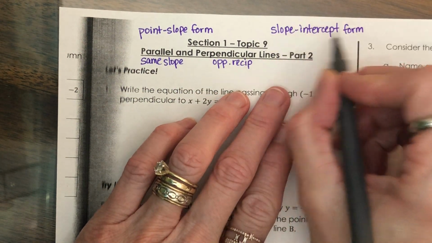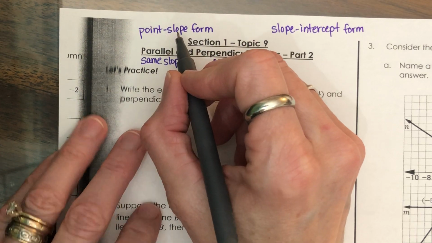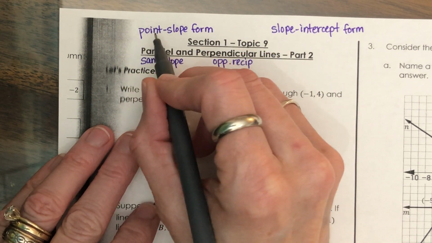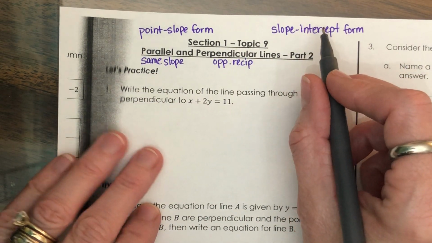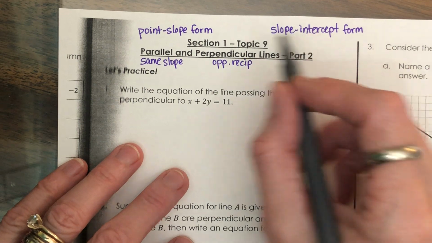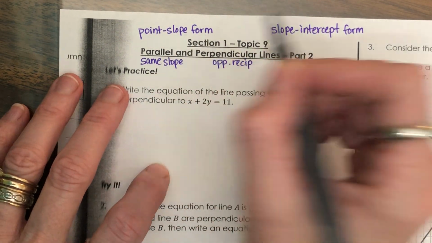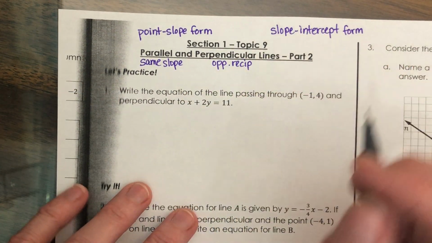Slope-intercept form uses slope and the y-intercept, and point slope form uses the slope and one point on the line, any point on the line. This one specifies that the point on the line is going to be the y-intercept. So point slope form we will have looked at in class, and I will remind you of what it looks like when we get down to this problem.